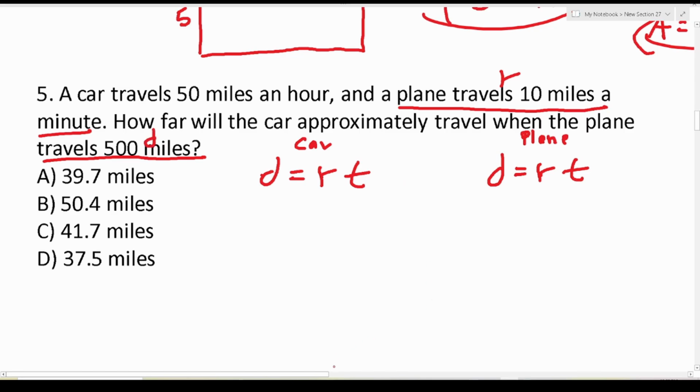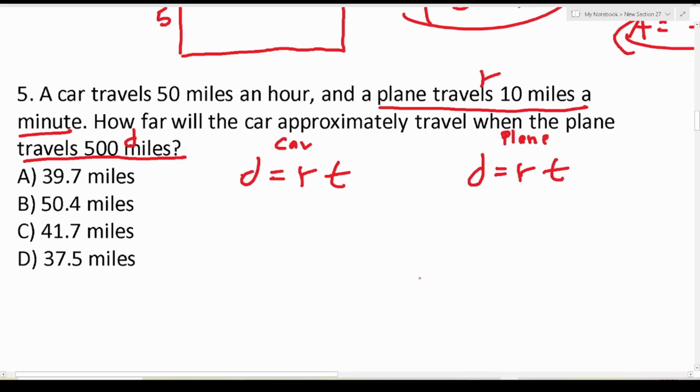Let's go ahead and plug those into the distance formula for this plane to figure out how long it takes to go those 500 miles. So this is distance, we know that's 500 miles. That's how far the plane travels. We know its rate is 10 miles a minute. And we want to figure out how long it's going to take that plane to go those 500 miles. So in this case, we're going to be solving for t. So let's divide both sides by 10 to get t by itself.